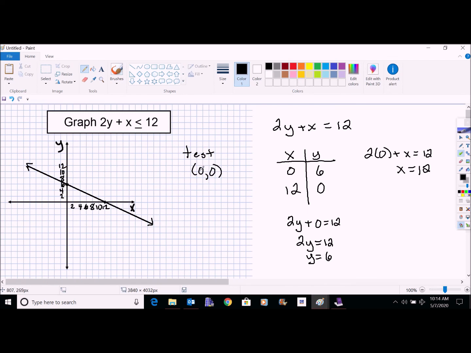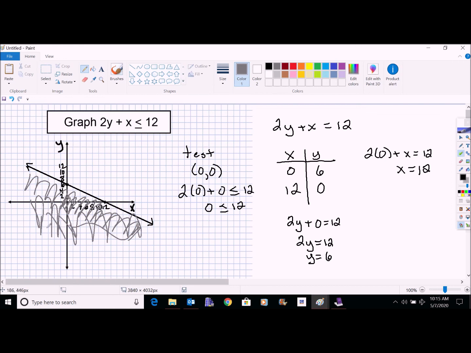I have x and I have y, so I have 2 times 0 plus 0 less than or equal to 12. So 0 less than or equal to 12, that's true. Since it's true, you go to where the (0, 0) is, and all of the ordered pairs on that side of the border give you solutions.